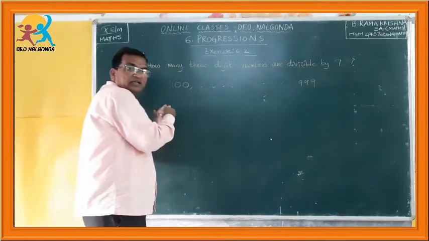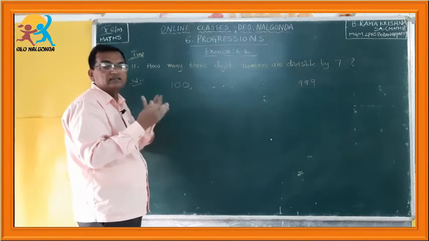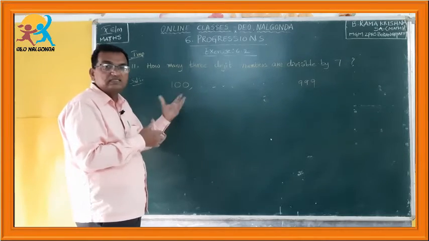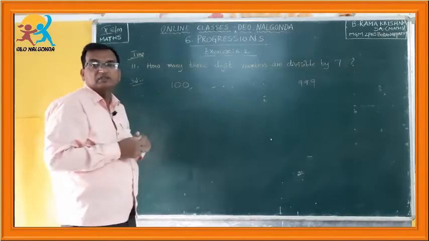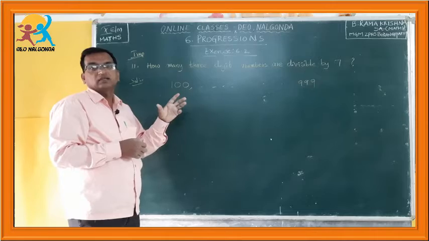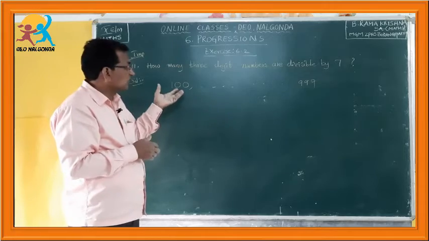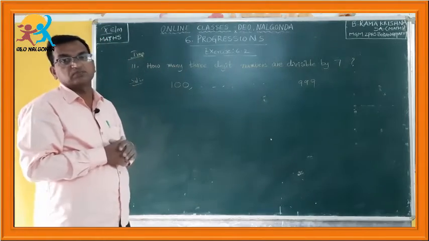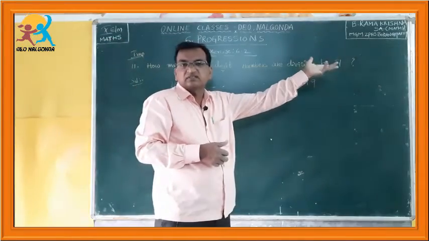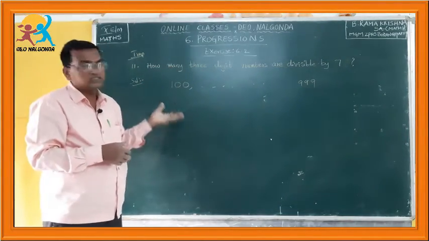So, you have to find out the list of numbers which are divisible by 7, and then because they form an AP, you can easily find the number of terms in that AP, that is, find the value of n by using the nth term formula again. Maybe he may ask you how many 3-digit numbers are divisible by 3, by 6, any question; the question may change, but the procedure is the same.